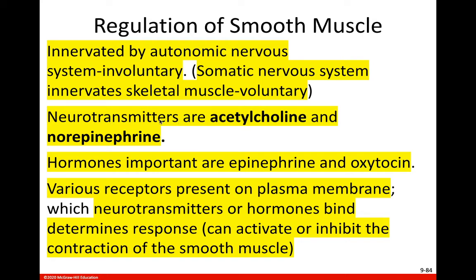Again, remember that the neurotransmitter released by those somatic neurons that stimulates our skeletal muscle is acetylcholine. But with your autonomic neurons, you actually have two different neurotransmitters that can be released: acetylcholine and norepinephrine. Both of those are neurotransmitters that are released by neurons of the autonomic nervous system.